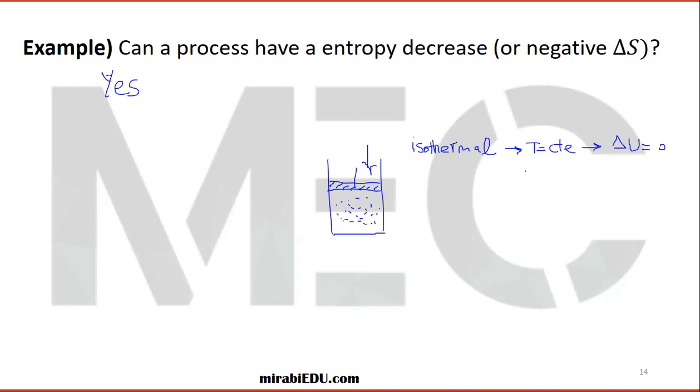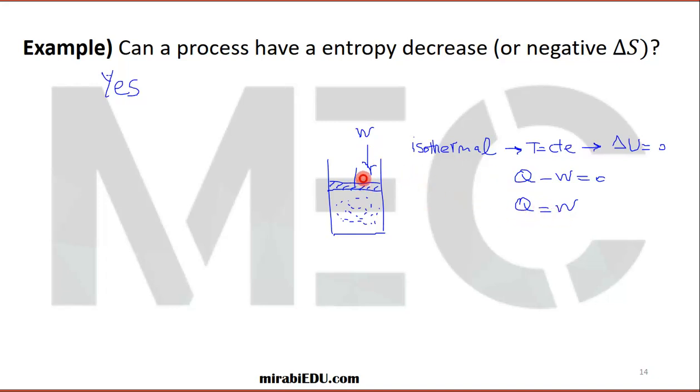So based on the first law of thermodynamics, we can say that Q is equal to W. When we apply some external work, we have negative W, and then Q is negative.